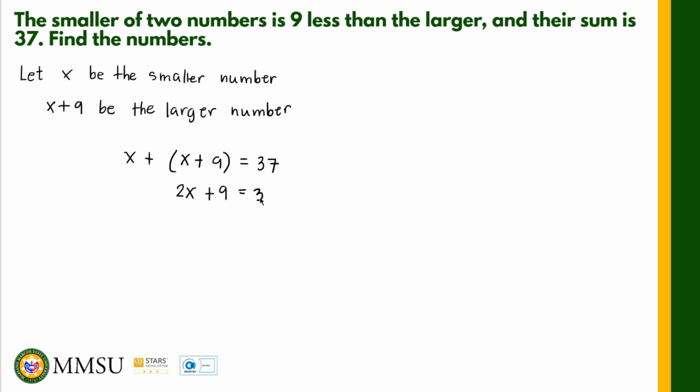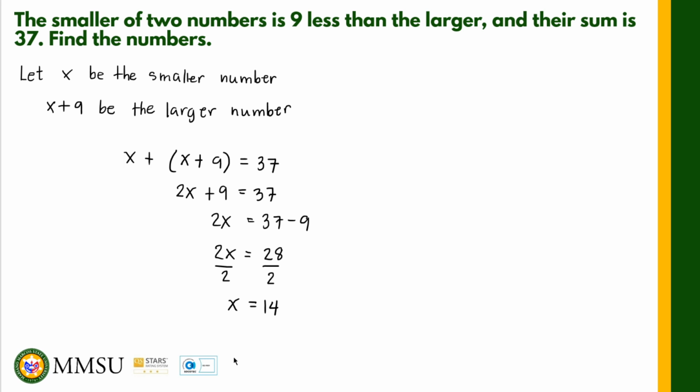So 2x plus 9 is equal to 37. So 2x is equal to 37 minus 9. 2x is equal to 28. Divide both sides by 2. So x is equal to 14.